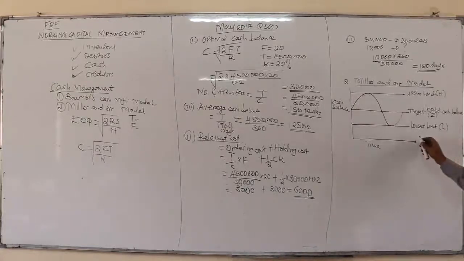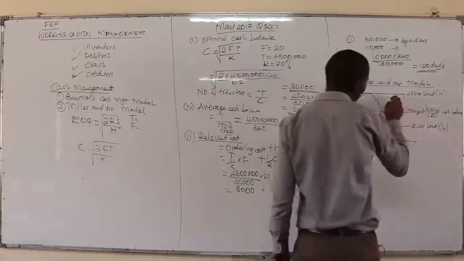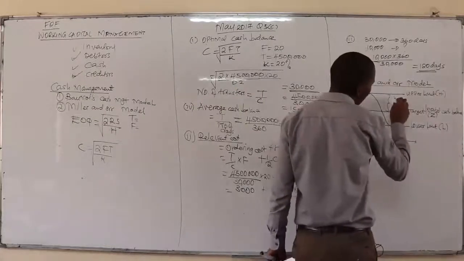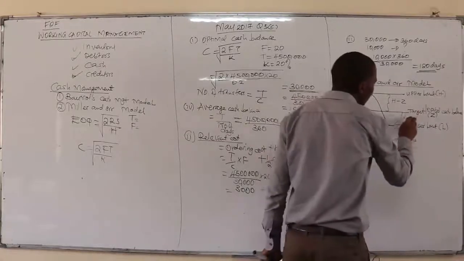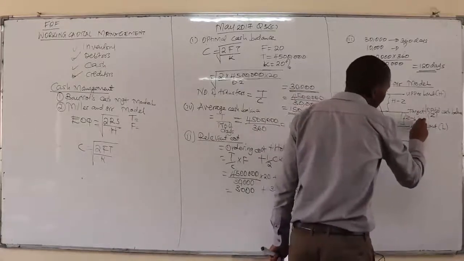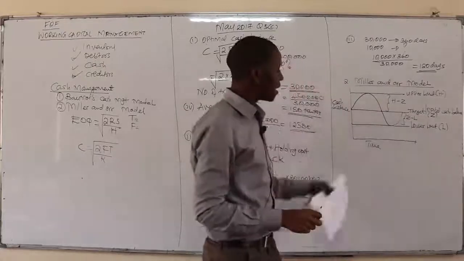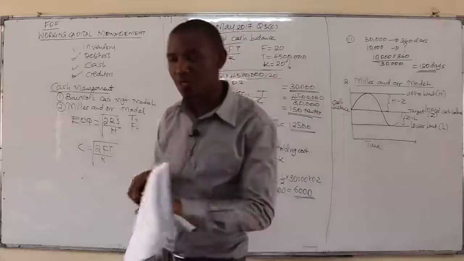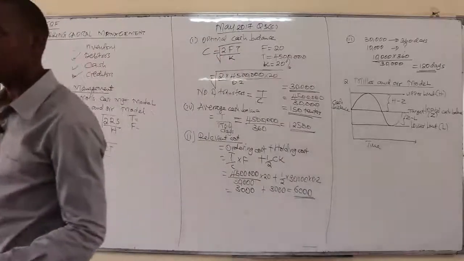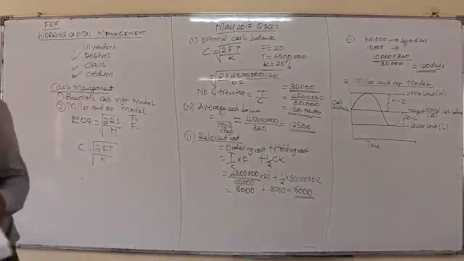So in that case, this amount, that is H minus Z, must be converted into what? Marketable securities. And in this case, you are converting them back into what? Marketable securities. Sawa sawa. That is what he made.